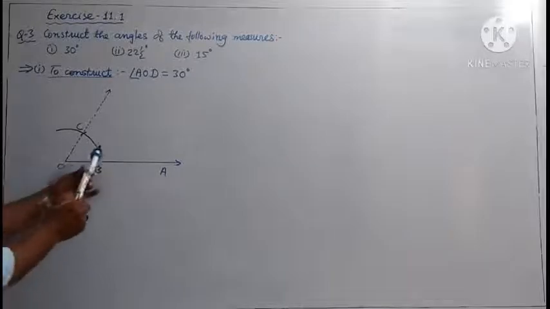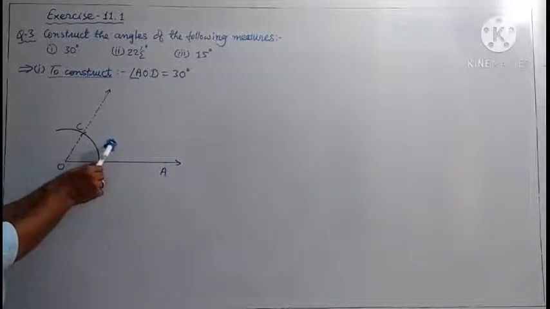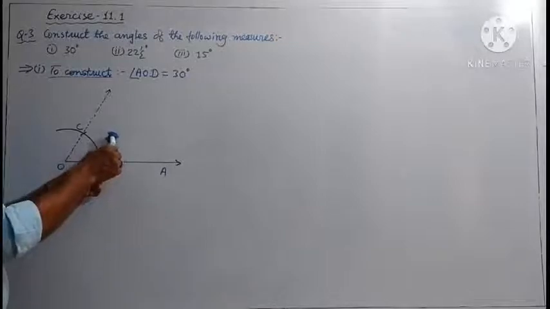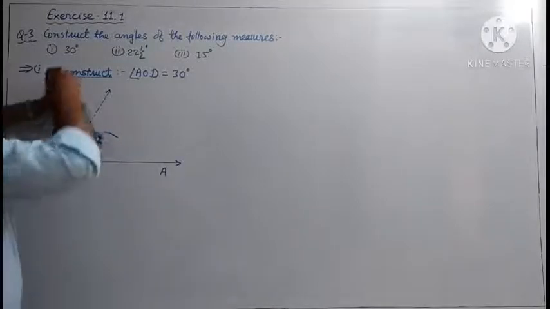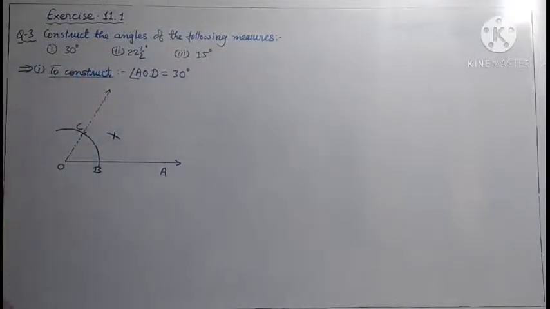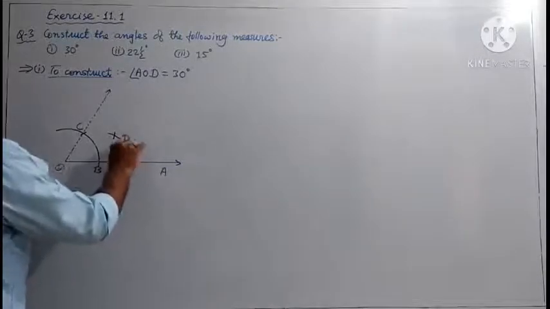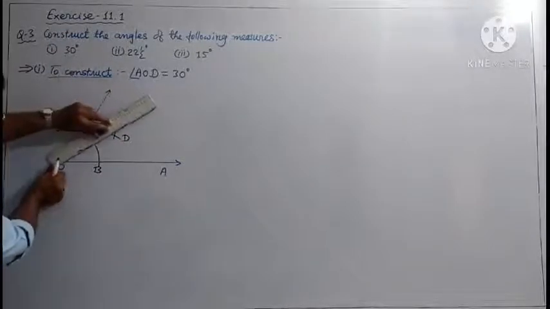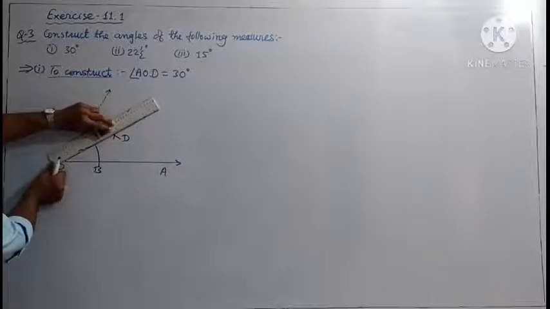So now taking B and C as centers one by one and convenient radius more than half of BC, draw the arcs in the interior of the angle and they will intersect at point D. So now this is point D, join OD. Then the required angle BOD, that is AOD, is equal to 30 degree is constructed.